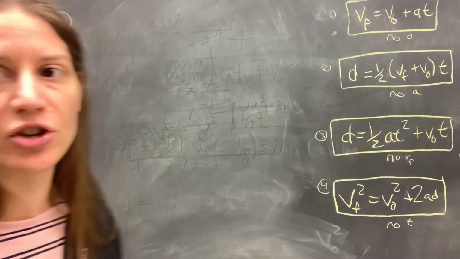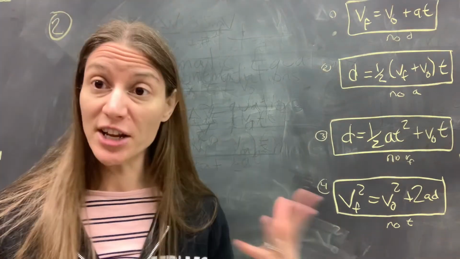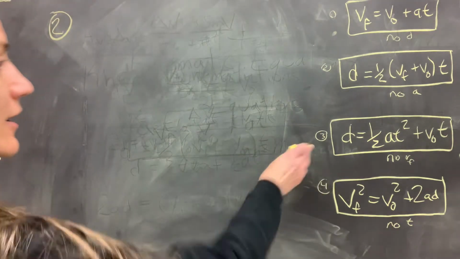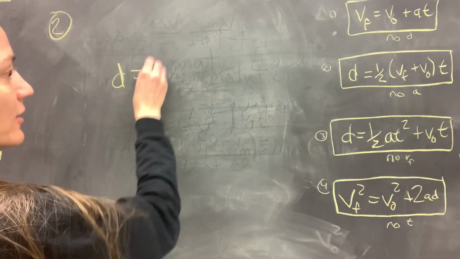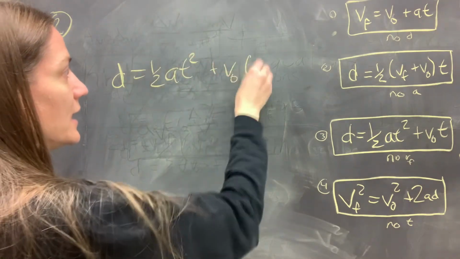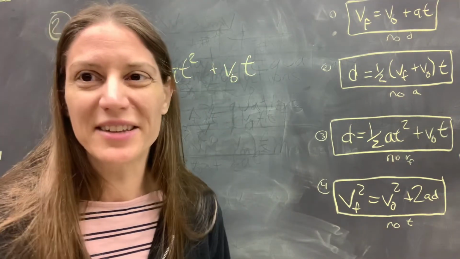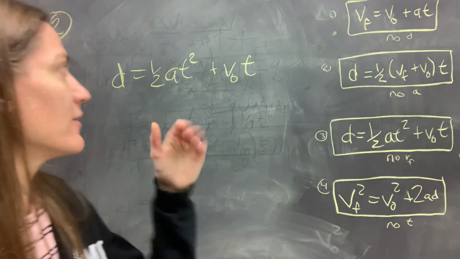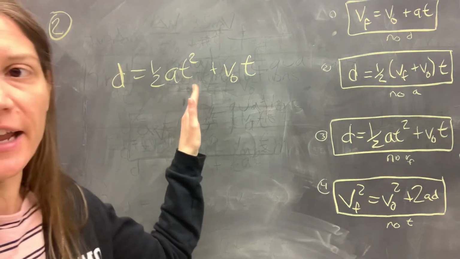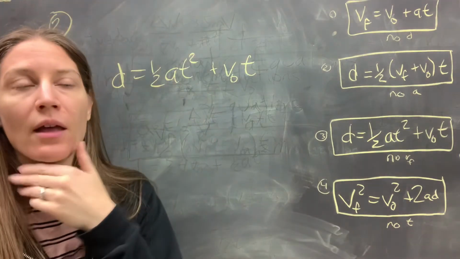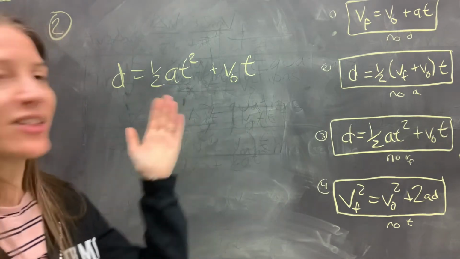One of the other things they have you do is think about how it changes, okay? So if we take an equation like number 3 here, and we write this down, d equals 1/2 a t squared plus V naught t, let's think about what happens to the amount of time it takes for something to move a certain distance when it's accelerating.